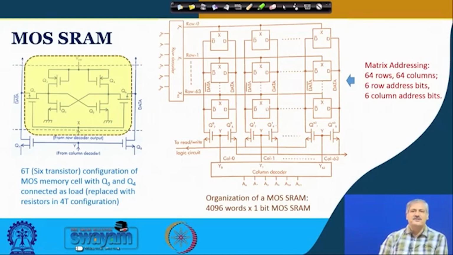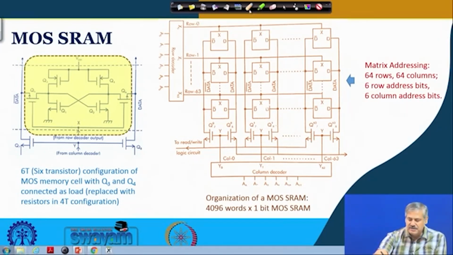Finally, MOS based SRAM. Okay. So, in MOS based SRAM, compared to the BJT based memory cell that you had seen, we had these 2 transistors there, the inverter, and here instead of a normal resistor, you can have a MOS based transistor, which is a MOS based resistance, which takes less space.